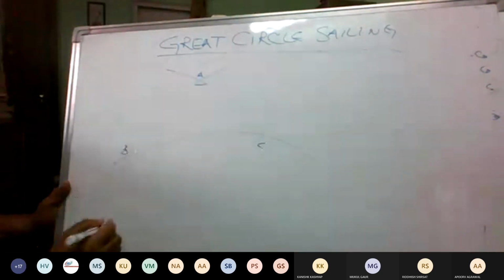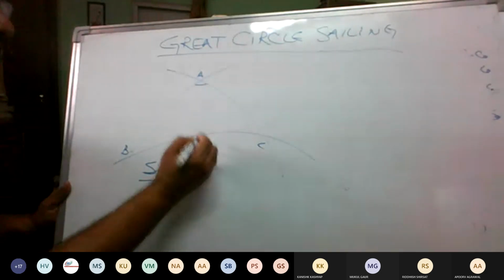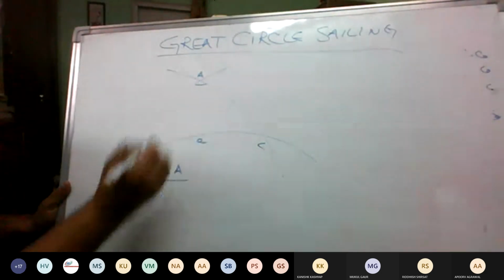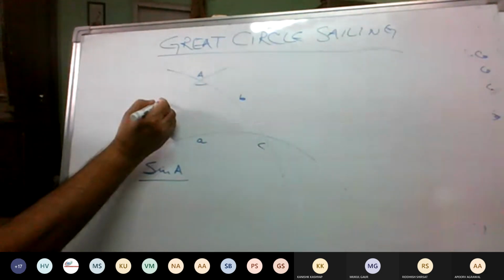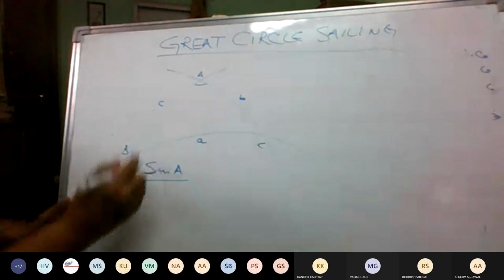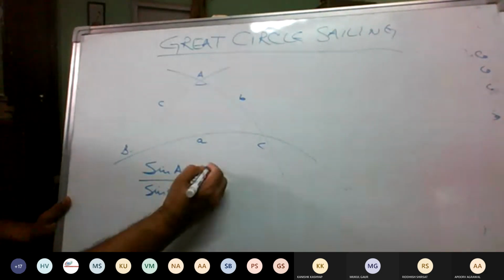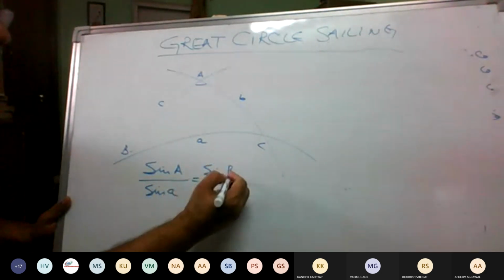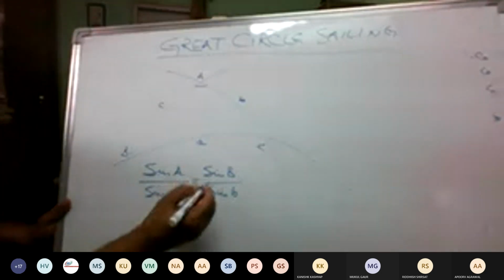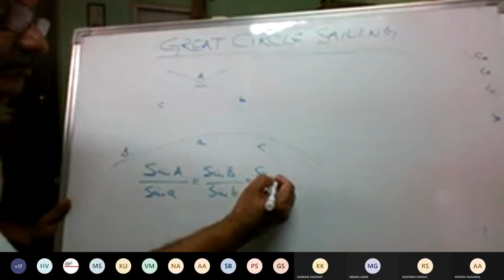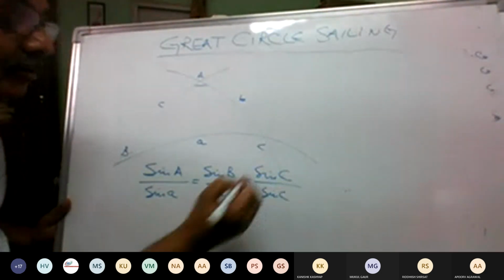So we say sine of angle A upon sine of small a, इस साइड को कहते हैं opposite side को small a, B को small b, C को small c, is equal to sine of angle B upon sine of opposite side b, is equal to sine of C upon sine of opposite side c.